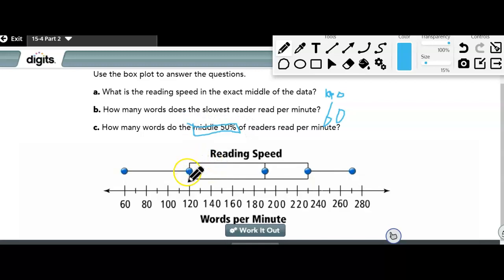So remember, the middle 50% is your box. So that's 120 to 230 words per minute.